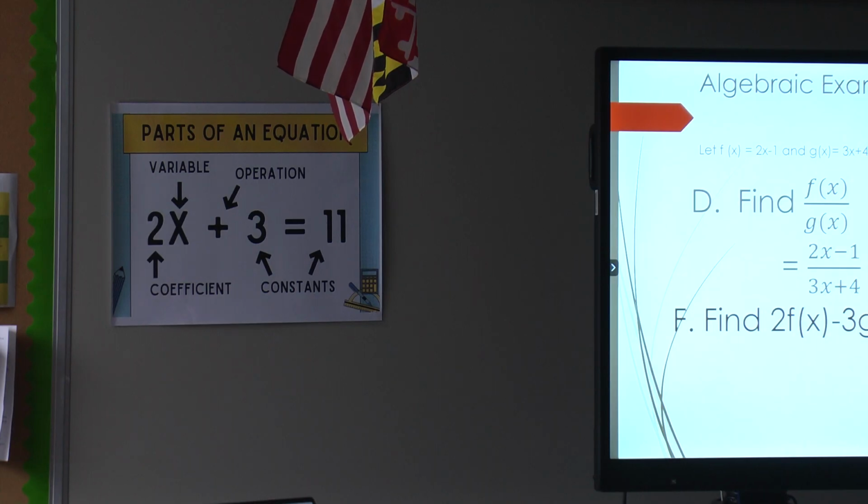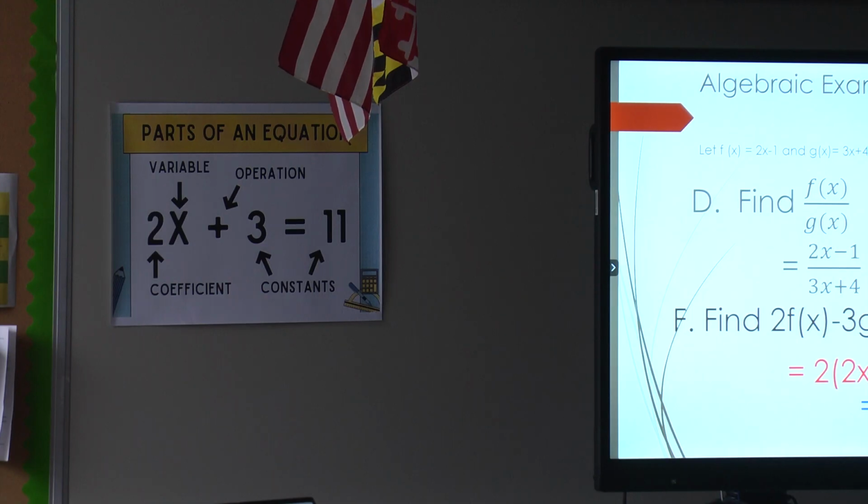Okay, so we're doing the same thing, but this time instead of adding, we're going to be subtracting. So once again, we replace our f of x and g of x. But now, we see that our 3 is no longer a positive 3, but a negative 3. We distribute it out. That should be negative 12.